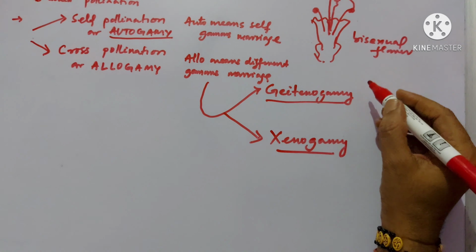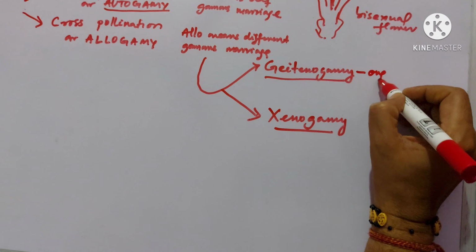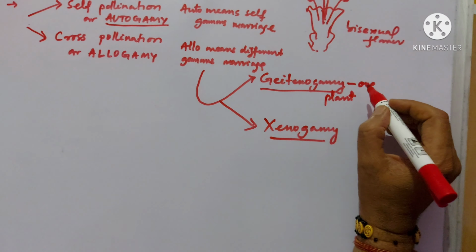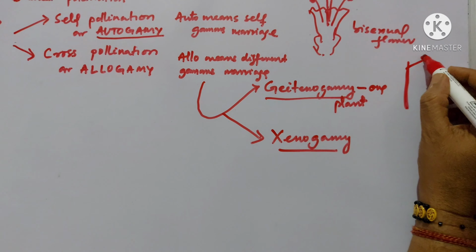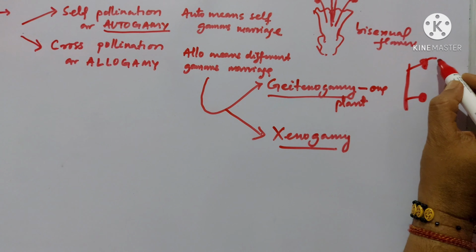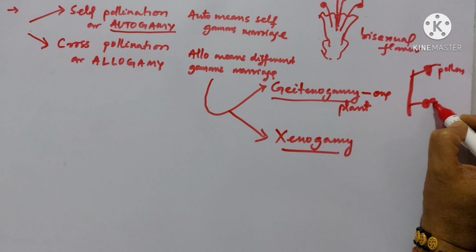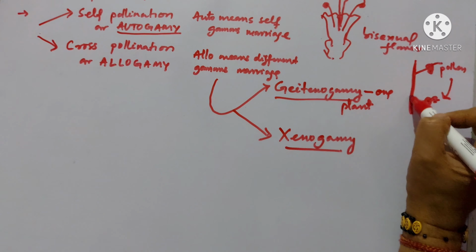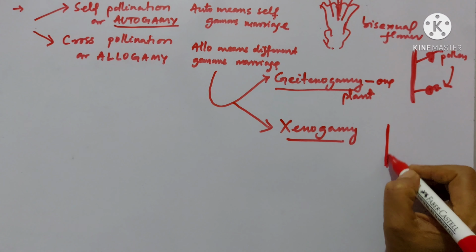In geitonogamy, the flowers of one plant are involved. Suppose this is one flower and this is another flower, and the pollen from this flower falls on the stigma of this flower. That is called geitonogamy. A single plant is involved. But in xenogamy, two different plants are involved.